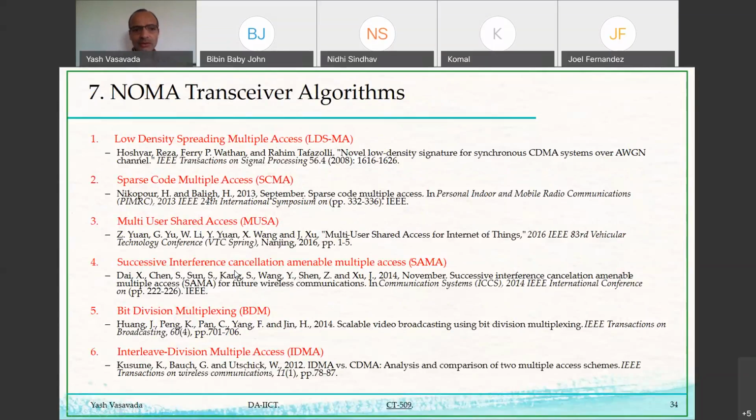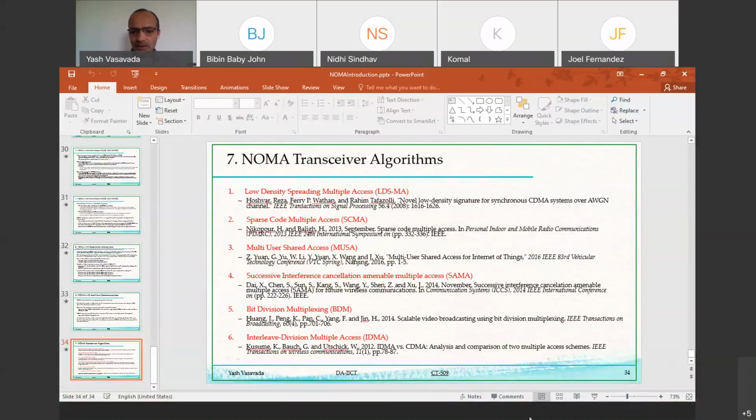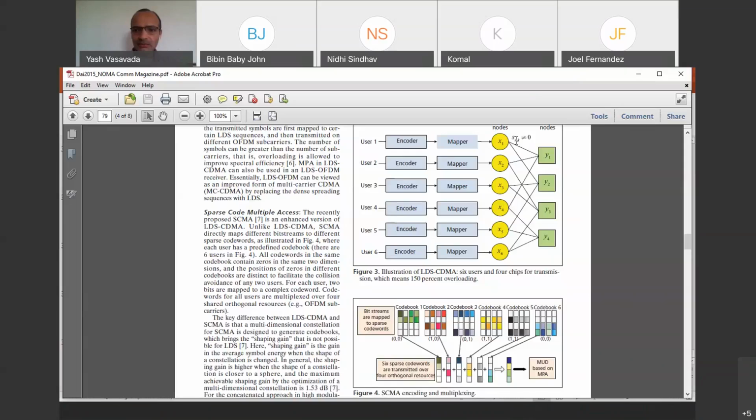I'm not going to go into all of them in a lot of detail, but I'll very quickly show you one particular paper. I'll be posting this paper on our Google Classroom, which shows two techniques. One is SCMA and another is LDS-CDMA, the low density spreading CDMA. I just want to show you the structure of these techniques.